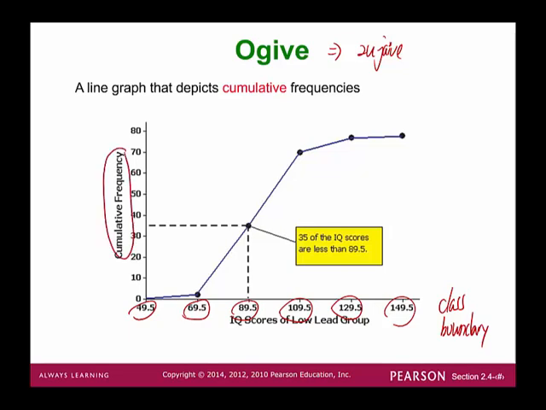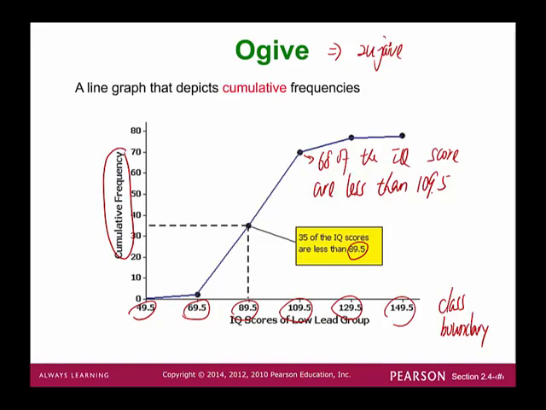As you can see, you can analyze this here as 35 of the IQ scores are less than 89.5. And here, if you want to interpret this, it looks like 68 of the IQ scores are less than 109.5.